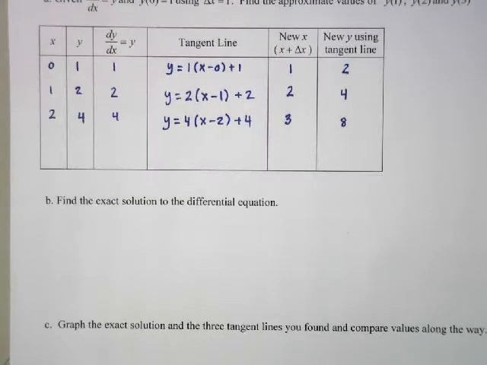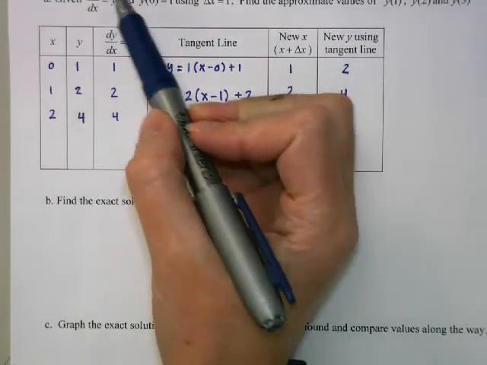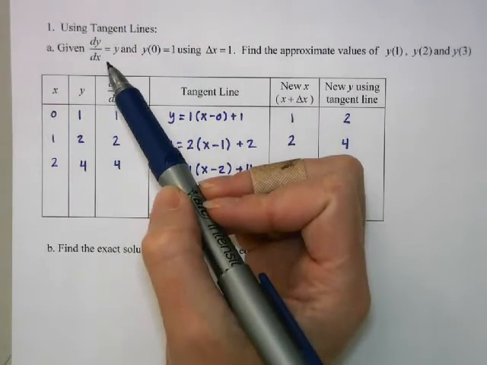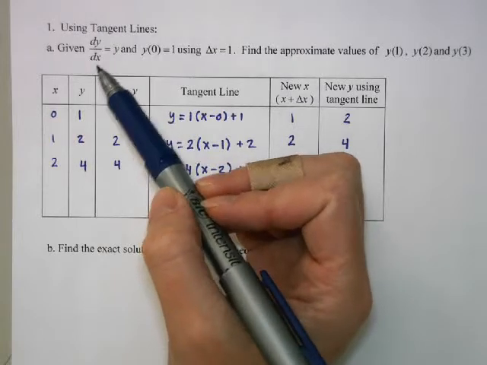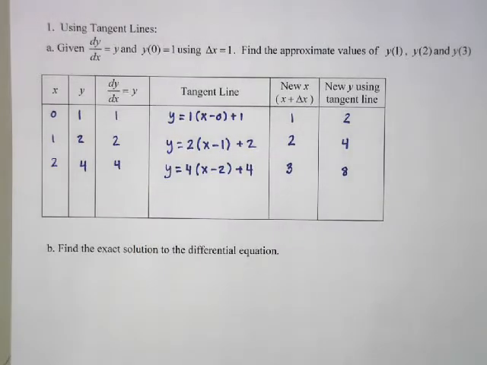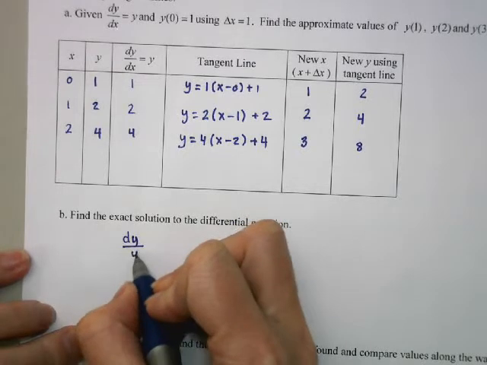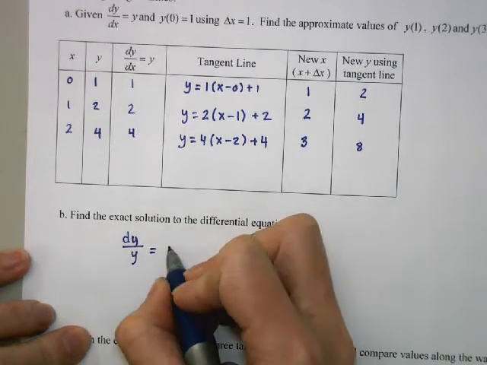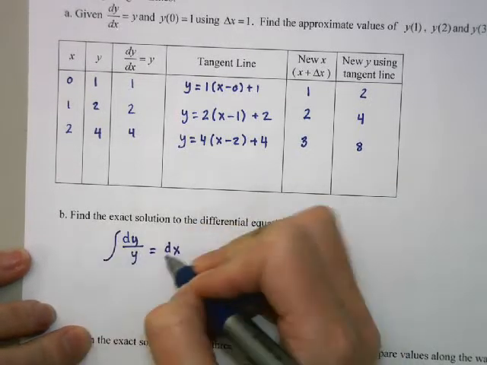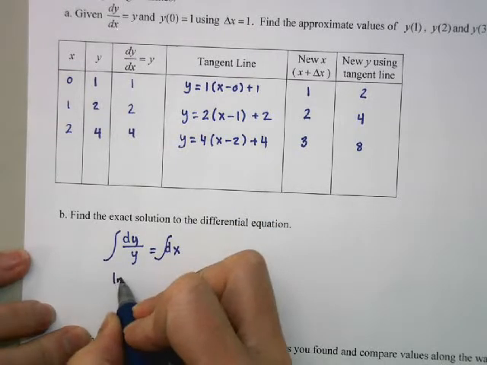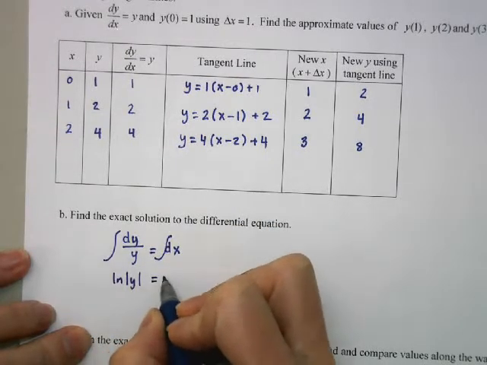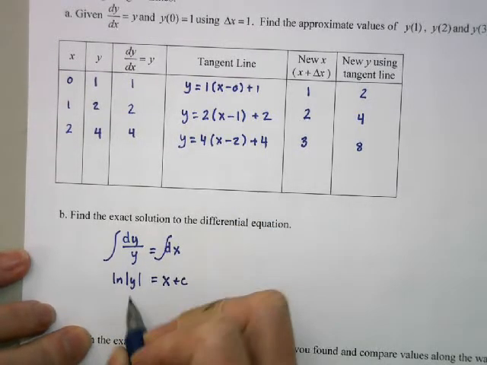But to understand graphically what's happening, I want to look at what this equation really is. Okay, this dy/dx equals y is an equation. So if I separate the variables, dy over y equals dx. That means we have the natural log of y equals x plus c.